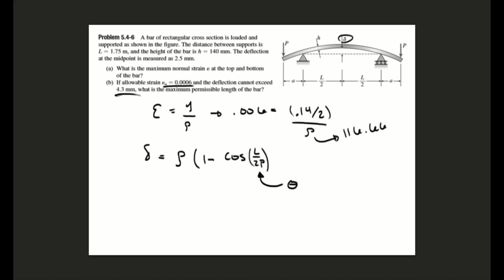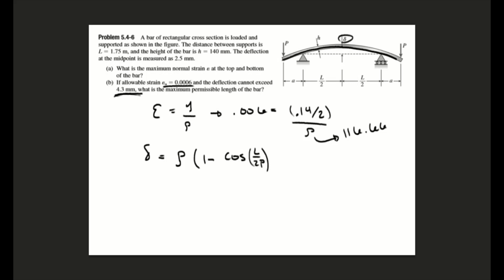Like in this picture the deflection looks pretty big. It looks like it's very bent, but in reality it's a very, very small deflection. I mean, in here you have a very long bar, but it's only 4.3 millimeters. So that's why they use the approximation. That's why the equation is set up like that.